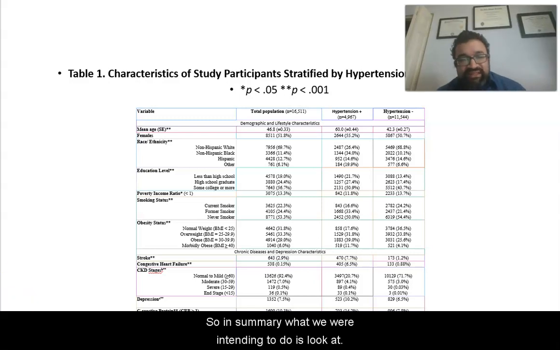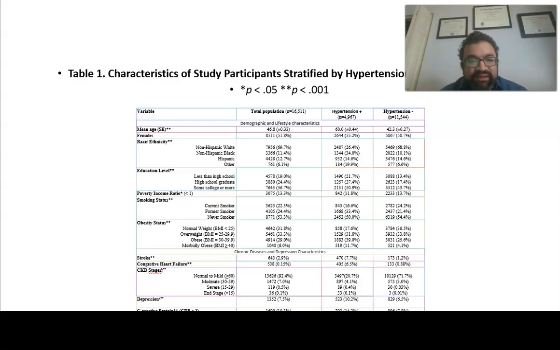So in summary, what we were intending to do is look at the relative importance of different variables. And so by looking at that, we were able to determine that C-reactive protein is in fact important in the risk prediction of depression.